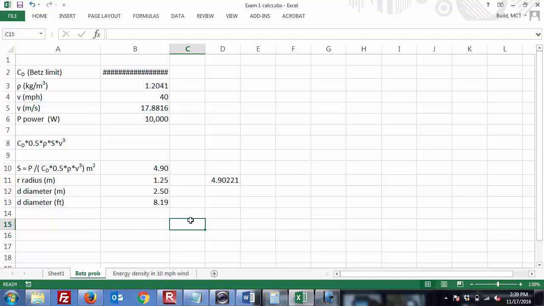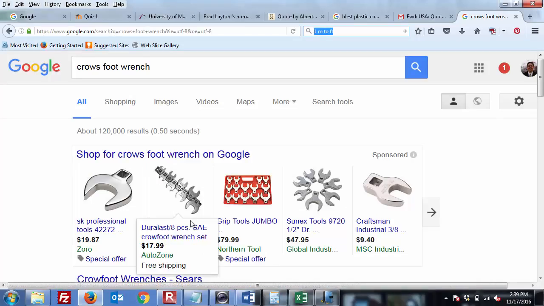The total diameter of the turbine is probably closer to double that. It's more like 16 feet, but that just shows you that the Betz limit assumption was relatively inaccurate. And 40 miles per hour, I mean, the turbine is rated for 10 kilowatts.